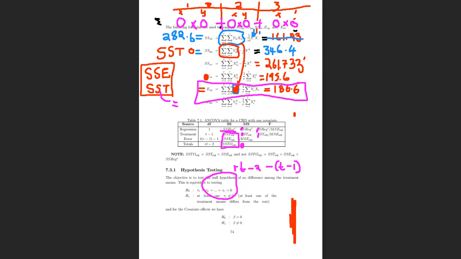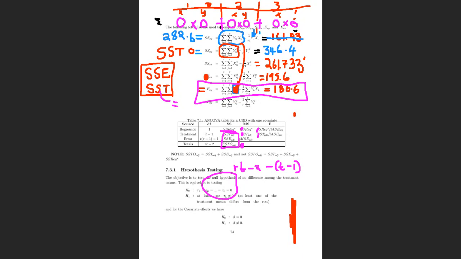SSTO adjusted is not equal to SST adjusted plus SSE adjusted plus SS reg. So when you want to find SSTO adjusted, you just have to add whatever is adjusted here that is related to SSTO adjusted. When you add this one, now you'll get wrong information. Because even now, when you wanted to find the degrees of freedom of error, you didn't use the degrees of freedom of regression, isn't it? Because it's not part of the thing.